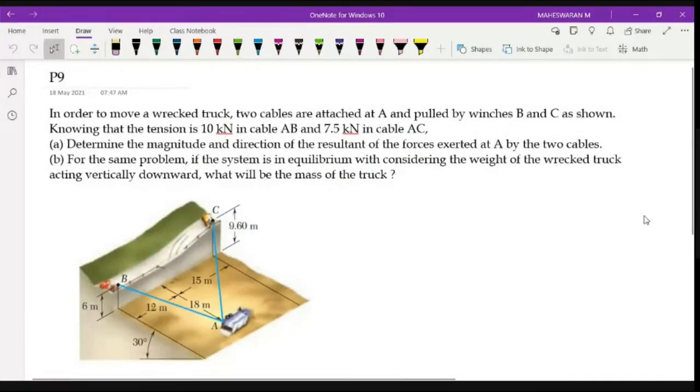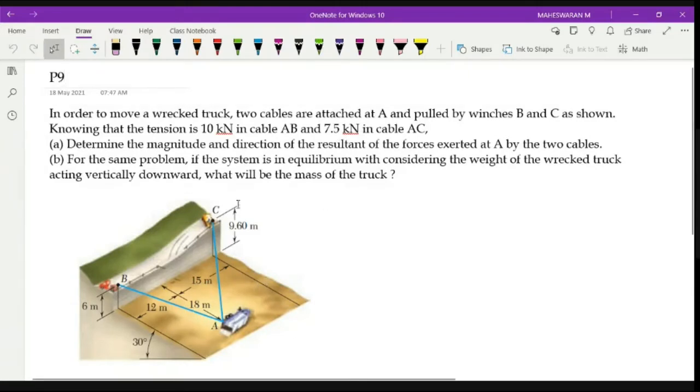Right, this is another three-dimensional problem. There are two questions here. There is a wrecked truck. You can see that a truck has fallen down on a mountain, right? There are two winches attaching ropes and pulling it. One is cable AB, with 10 kilonewton force acting like that, and another is cable AC, having 7.5 kilonewton force.